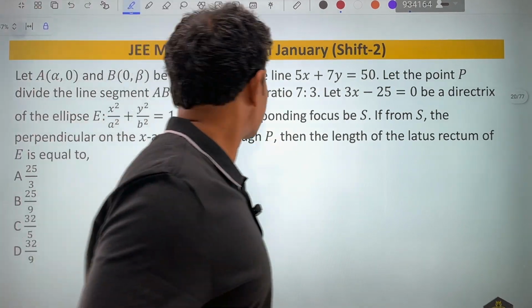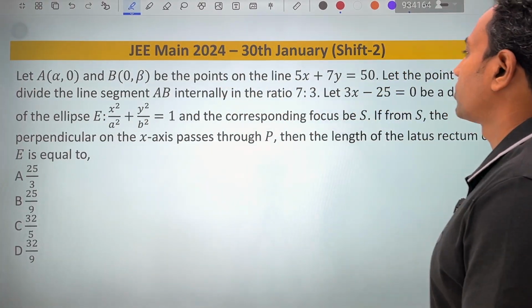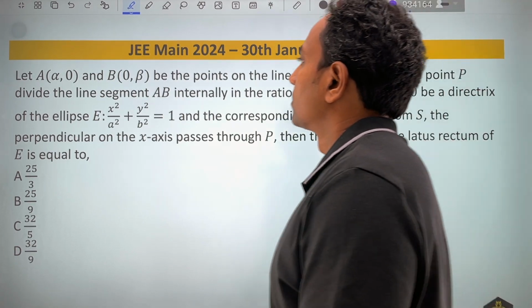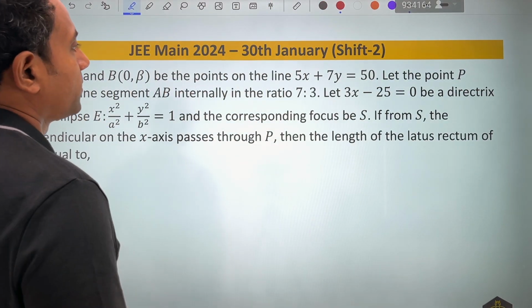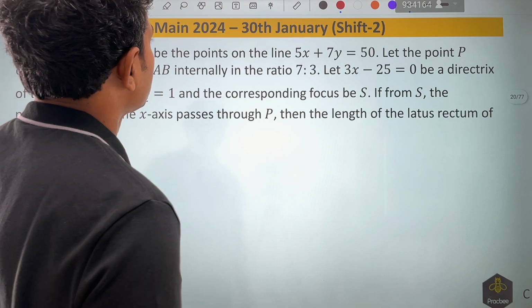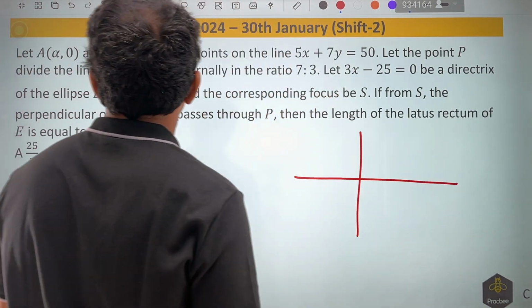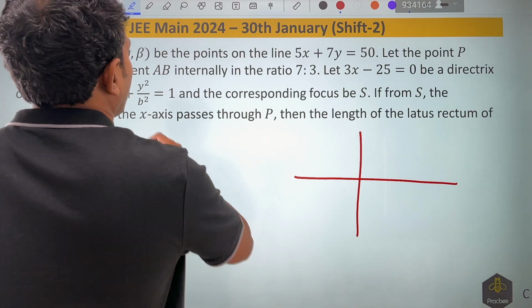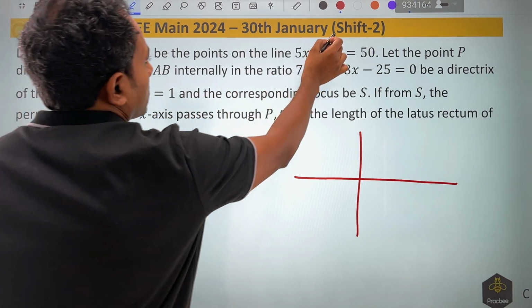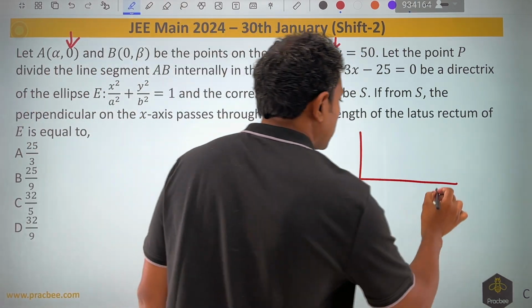This 2024 question says that alpha comma 0 and 0 comma beta are the points on this line, and they divide the line segment joining A and B internally in the ratio 7:3. So let us draw. If I put the y-coordinate as 0, here the x-coordinate will become 10.